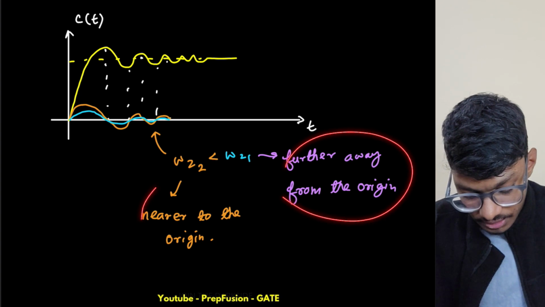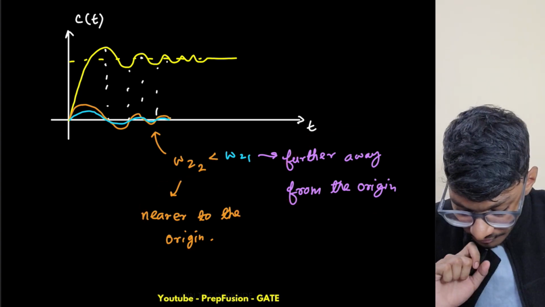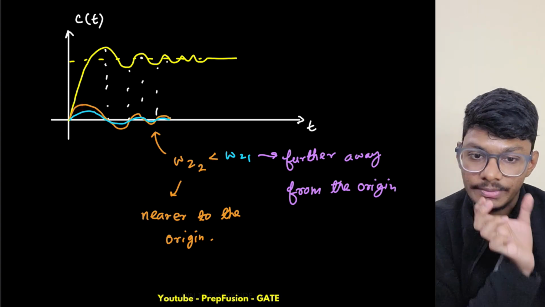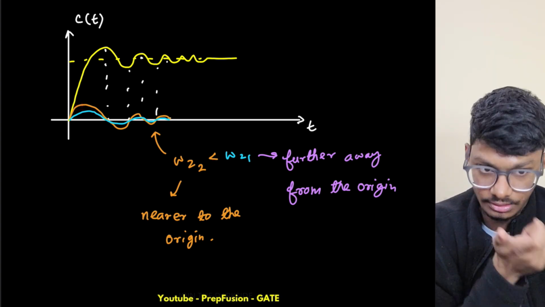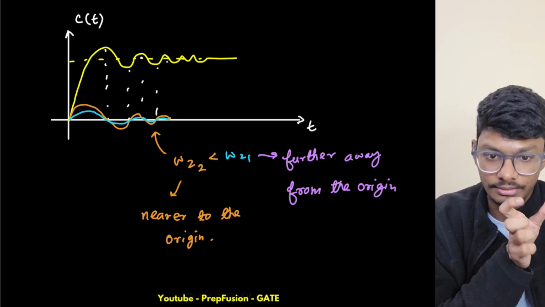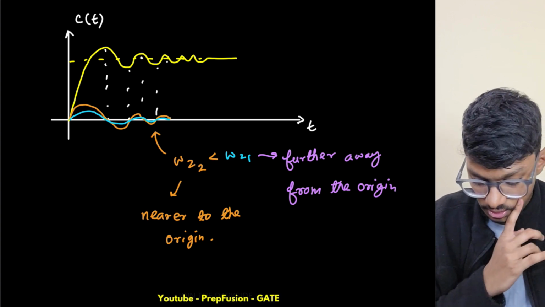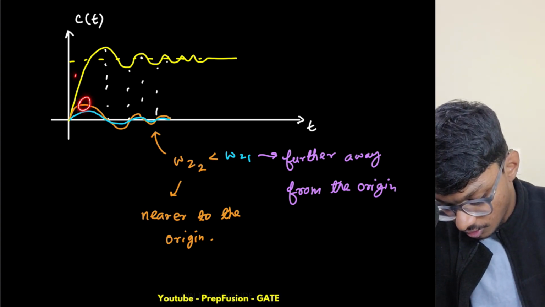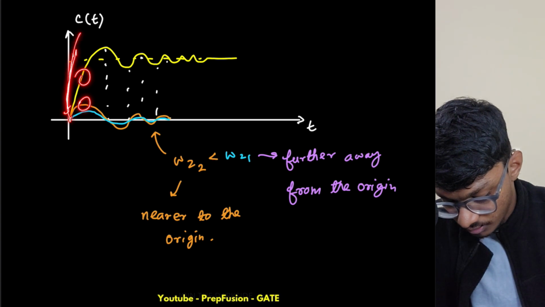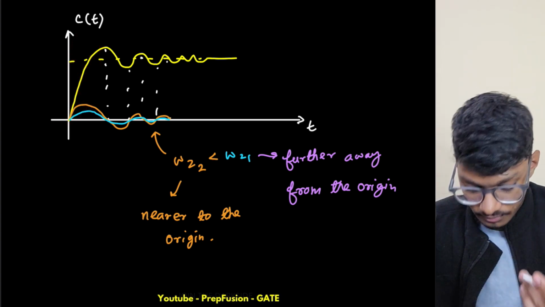Okay, so this is further away from the origin, this is nearer to the origin. So if the magnitude is much higher, obviously my TR will reduce. Now if my magnitude is lower, my TR will increase instead of this. So here the combination of these two will rise up much faster, and the combination of these two will rise up slower.